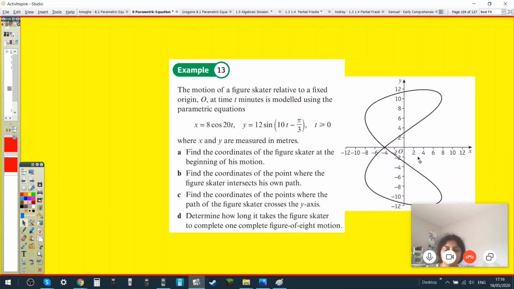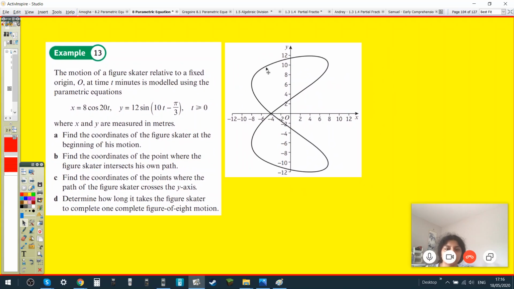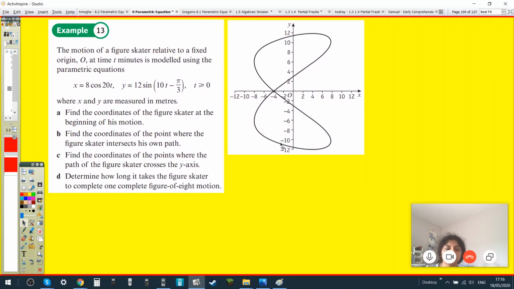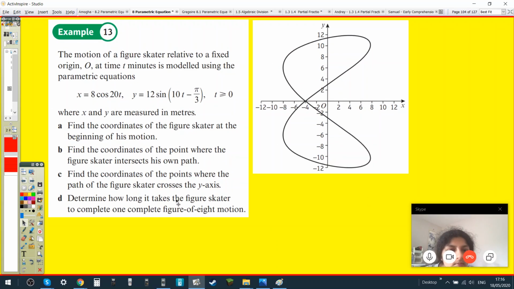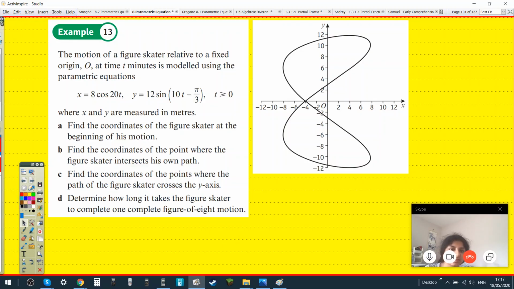Here we go. Ice skater. So the first one is just putting t equals 0 into the equations.